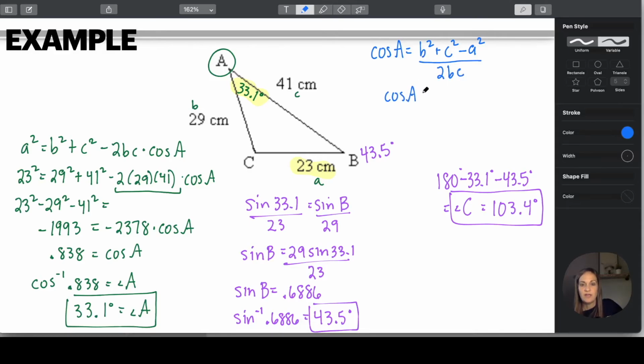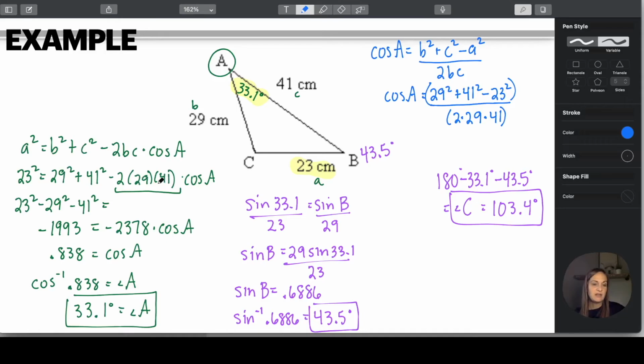So cosine of A would equal 29 squared plus 41 squared minus 23 squared, all divided by, don't forget the parentheses, you need to put parentheses around the top and parentheses around the bottom, 2 times 29 times 41. And you would get the same thing, I believe. And yes, you would get 0.838 if you can remember this formula. If not, you can solve it by hand.